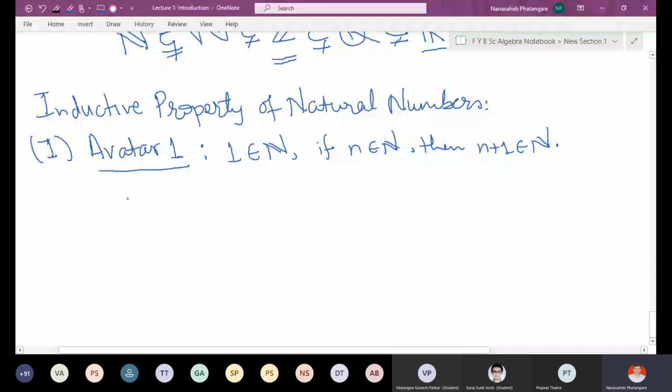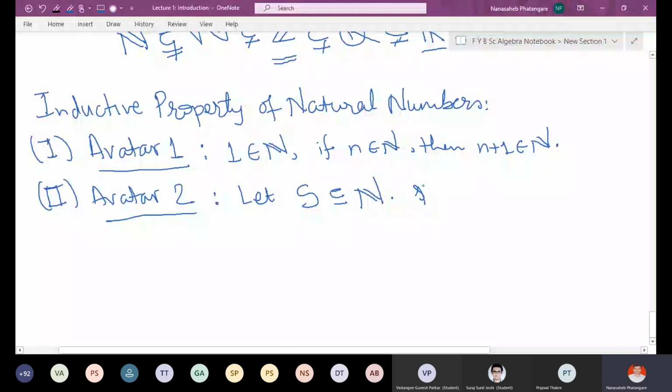So what is another version? The second avatar of the inductive property. Let S be a subset of natural numbers. Suppose S satisfies the following properties.